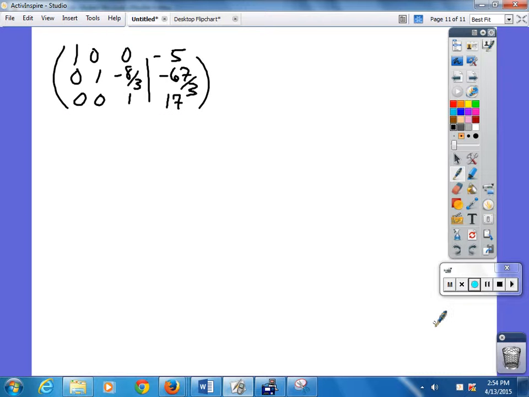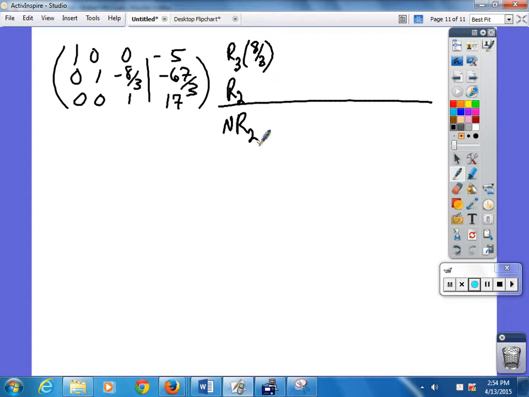And now I need to get a 0 there, so row 3, multiply by 8 thirds, add it to row 2 to get new row 2, and it'll be 0, 0, 8 thirds, and 17 times 8 is 136.